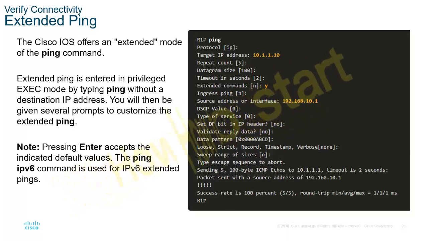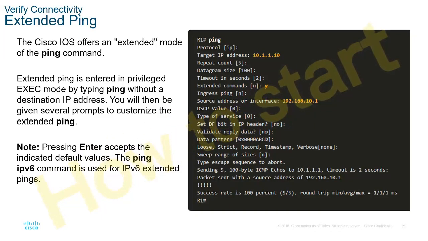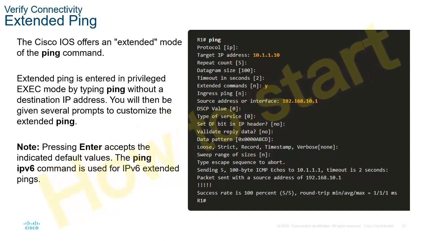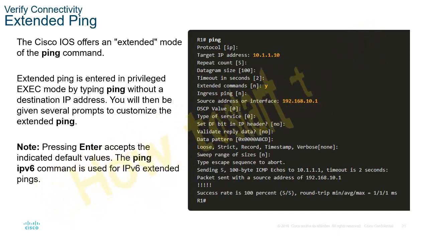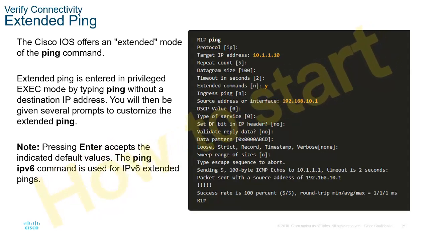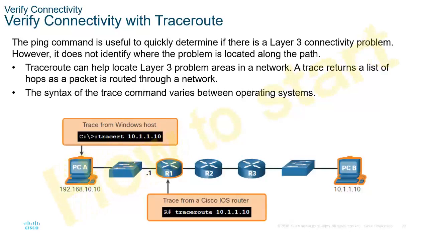We have the ability to look at and extend ping. Ping is actually very flexible in its functionality. So if we type in ping on a device like a router, we can see some of the additional options that we have. We have traceroute, which we've already discussed in previous chapters.